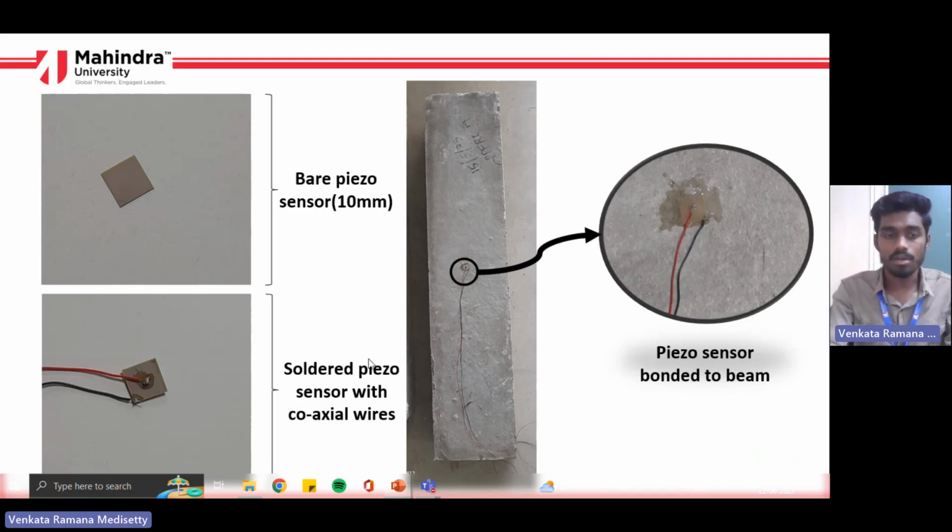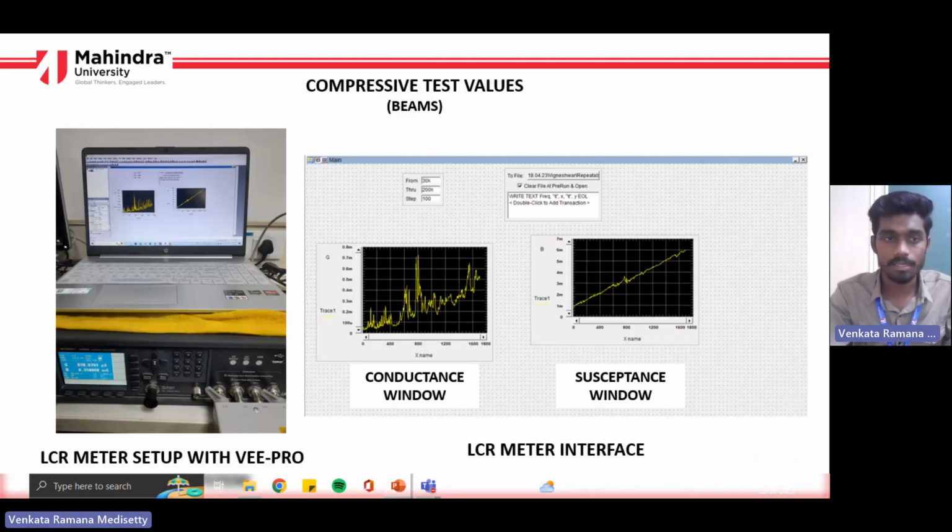I soldered the coaxial wires to the PZT patch, and then you can see, taking this PZT patch, I bonded it to the beam top surface using epoxy and resin. After that I had to take the free PZT reading.